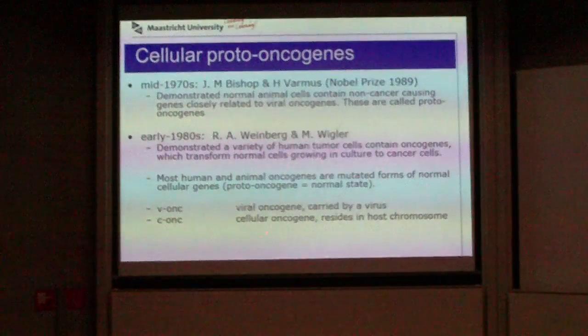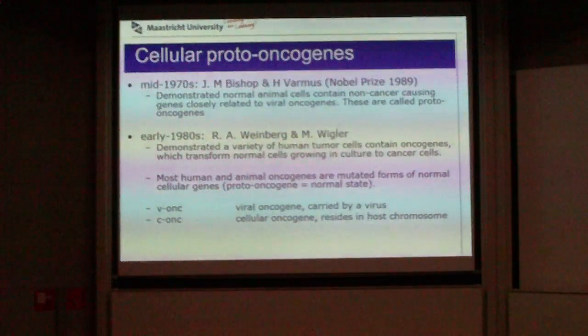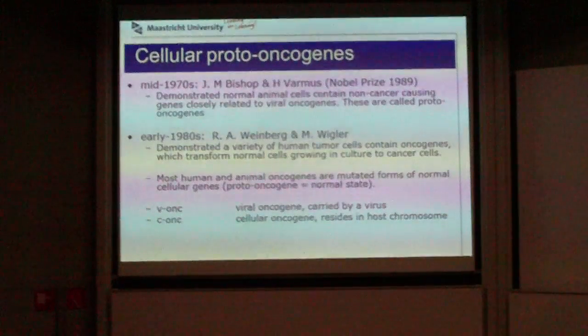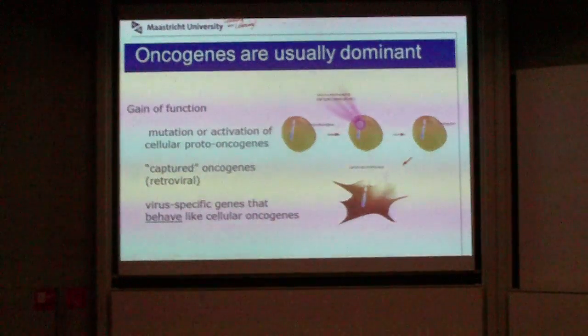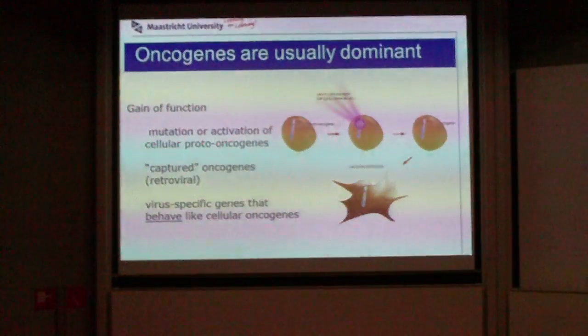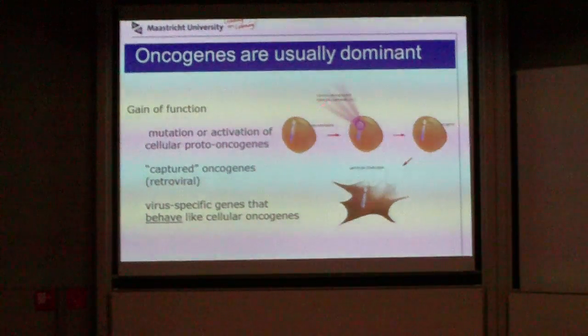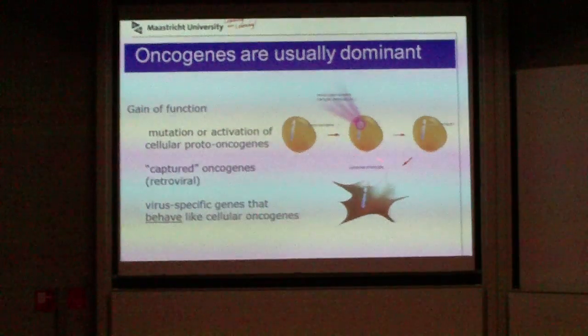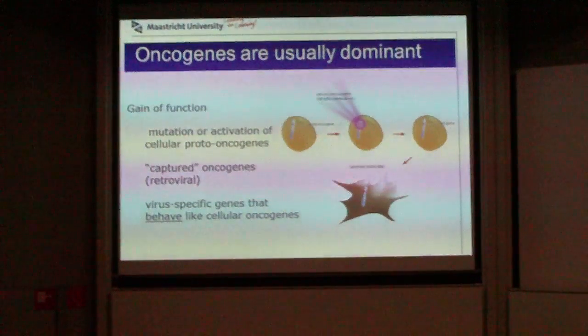We then discriminate between the viral oncogene, which is brought in by the virus, and a cellular oncogene, which is a normal part of our genome and has been activated by changing it from a proto-oncogene to an oncogene. So it's a gain of function. This is a normal proto-oncogene. If you have UV light or a chemical that is carcinogenic, it modifies it into an oncogene, and then it starts to behave like an undividing cancer cell.